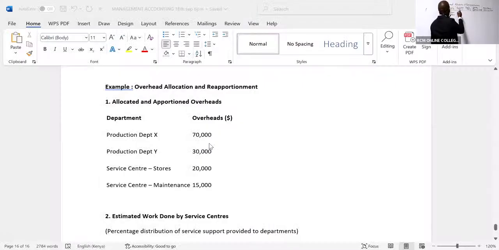Production department X has been given 70,000. Production department Y has been given 30,000. Stores has been given 20,000. And then we have maintenance, which has been given 15,000.